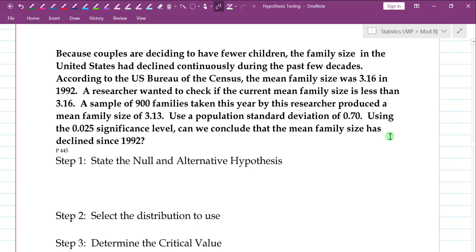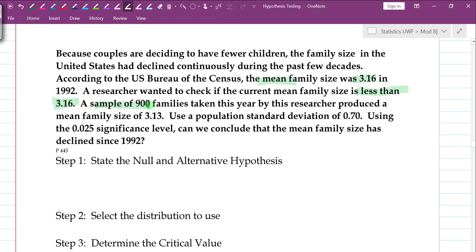Because couples are deciding to have fewer children, the family size in the United States has declined continuously during the past few decades. According to the U.S. Bureau of Census, the mean family size was 3.16 in 1992. A researcher wants to check if the current mean family size is less than 3.16.